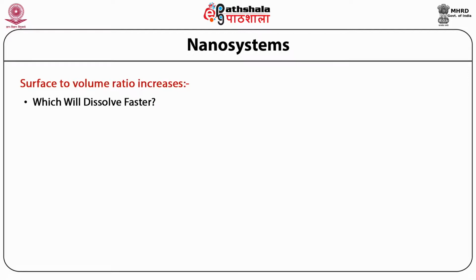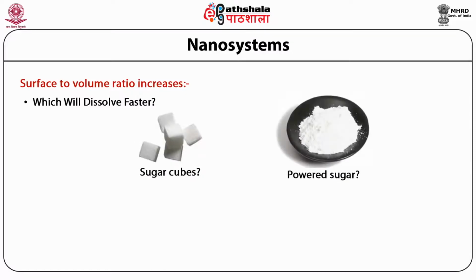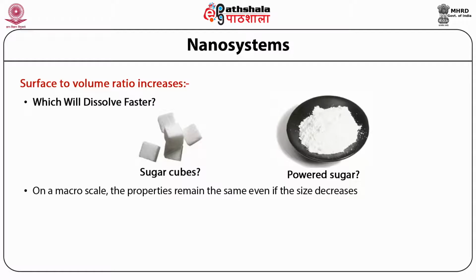Now, as you can see over here, there is a sugar cube and there is powdered sugar. So students, which will dissolve faster? On a macro scale, the properties remain the same even if the size decreases. For example, sugar cubes and powdered sugar can both dissolve in water.